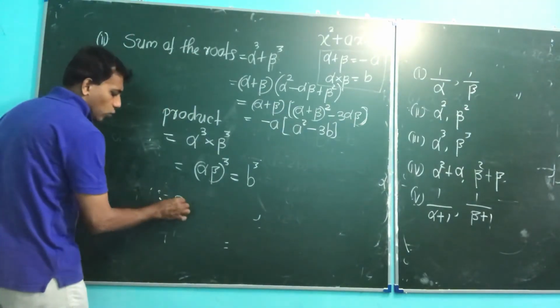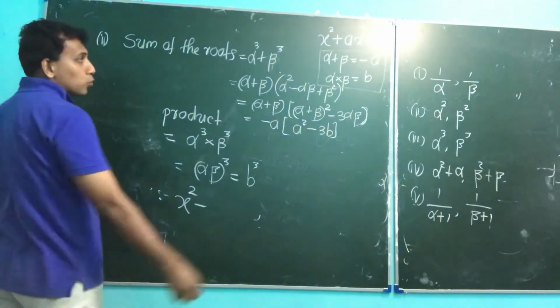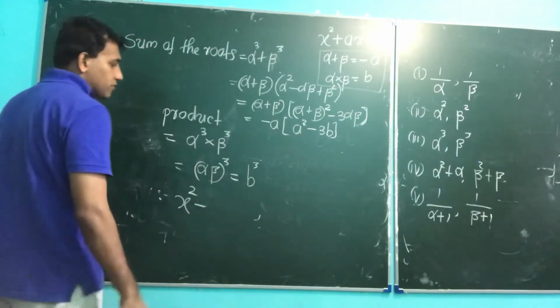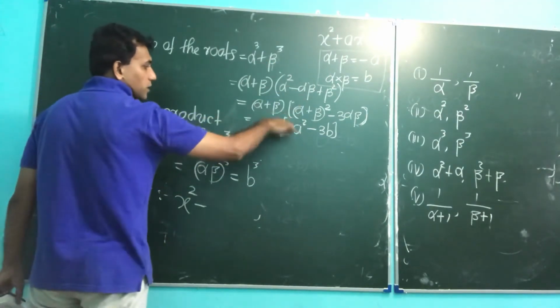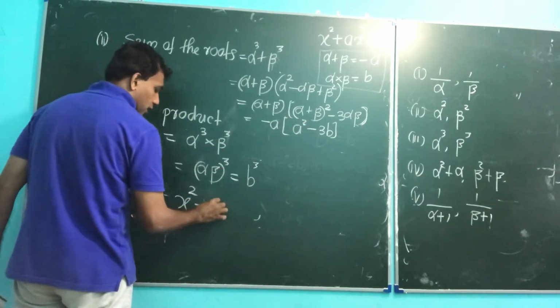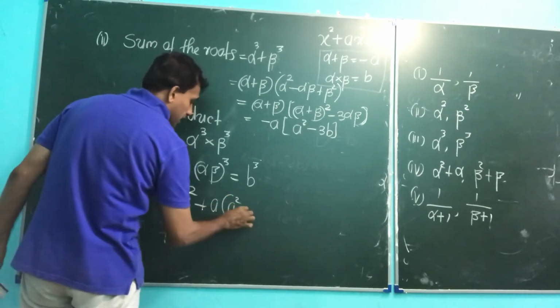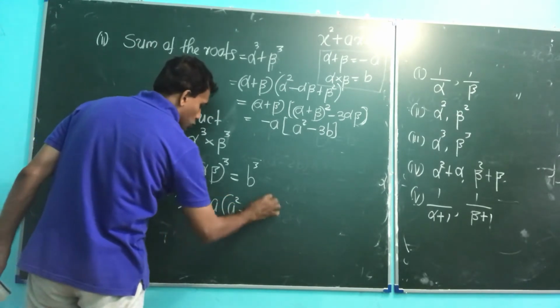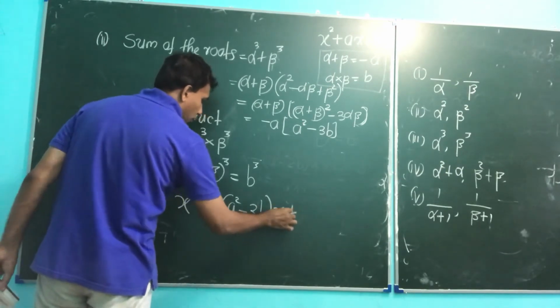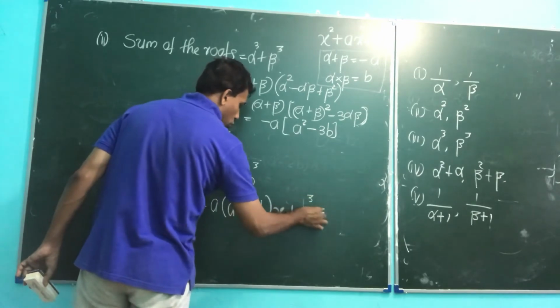Therefore, the equation is x square minus the sum of the roots. Here there's a minus, so I say plus a into a square minus 3b, into x plus their product b cube equals 0.